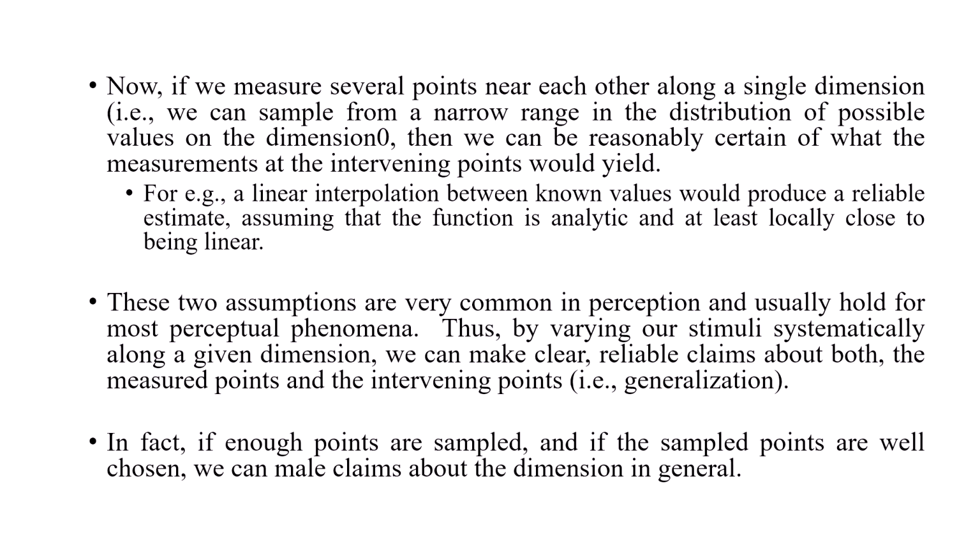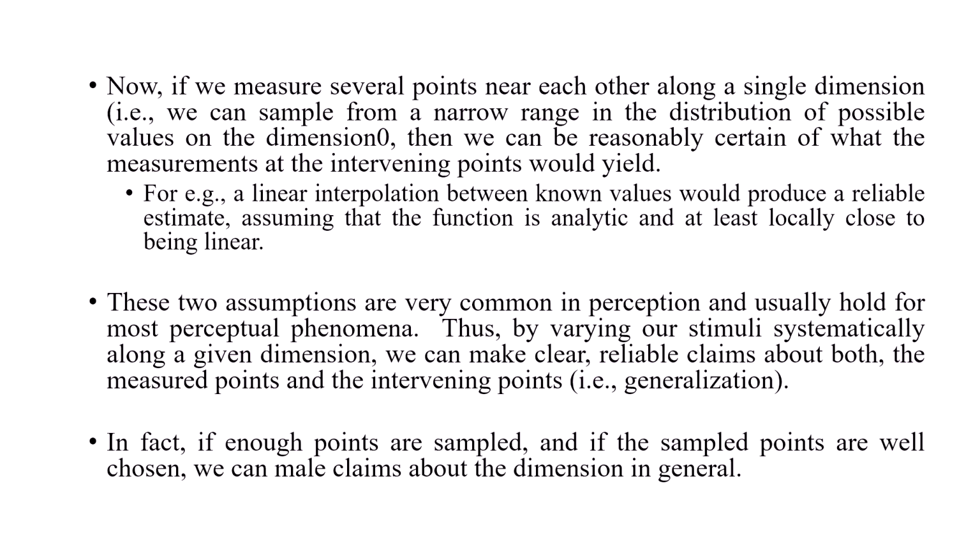Let us say this is x1, this is x2. If we sample x1, x2, x3 and so on, we can have some idea of what the intervening values between x1 and x2 will be. So linear interpolation between these values would produce a reliable estimate, assuming that the function is analytical and at least close to being locally linear.